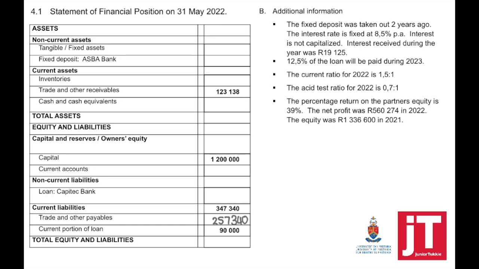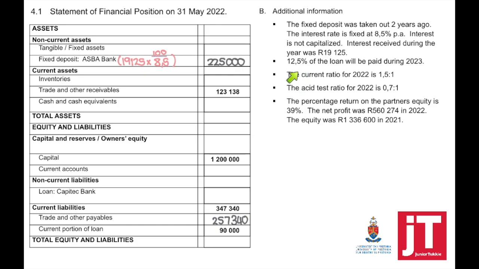Now they provided the interest, they provided the percentage interest. This means that your fixed deposit becomes now X. So to find out the fixed deposit amount, we're going to take the interest which we've received in this accounting period times 100 divided by 8,5, and that equals the total fixed deposit amount.